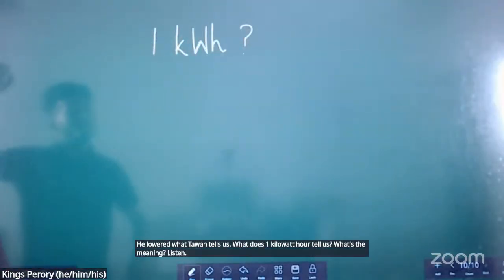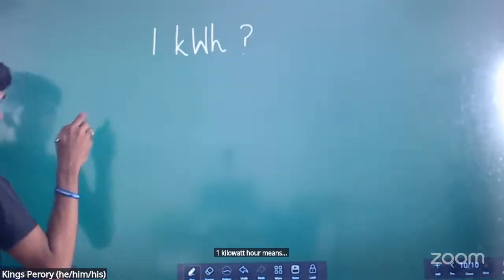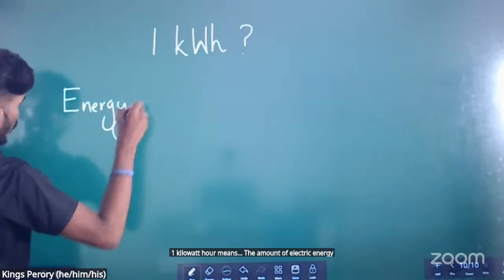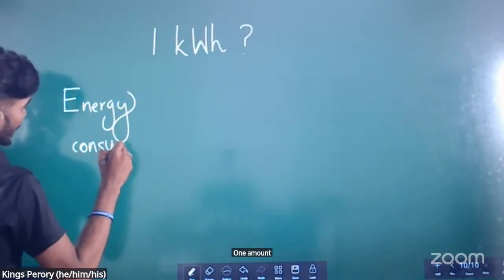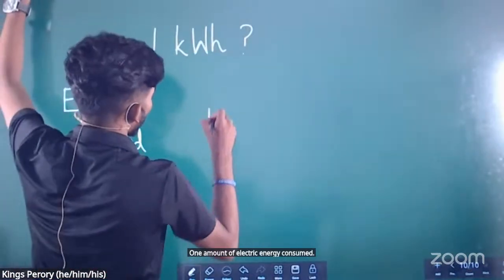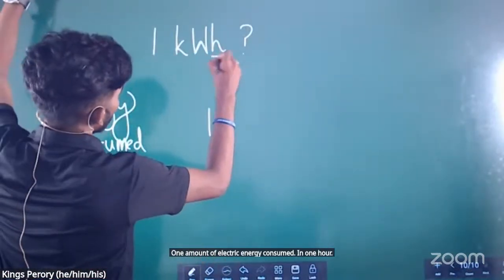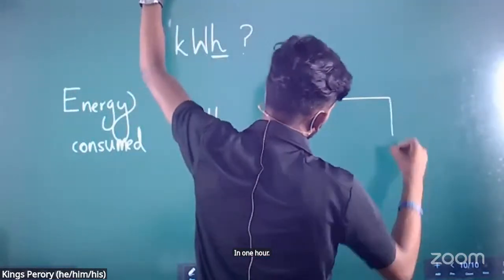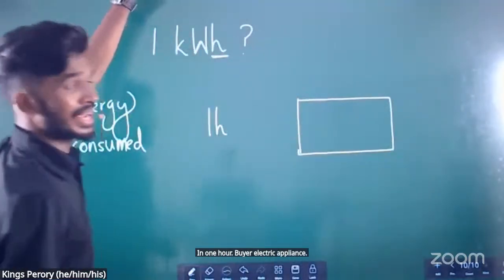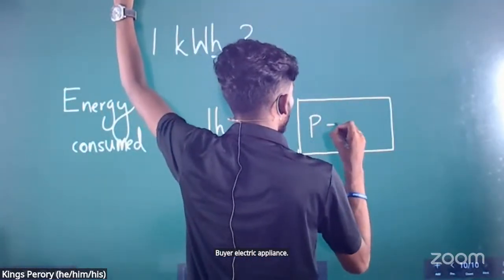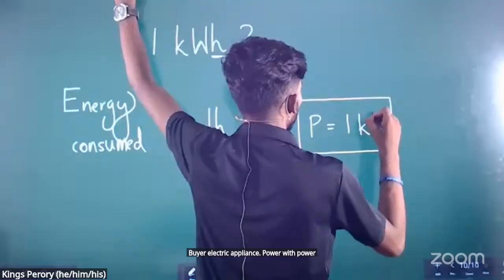Listen. 1 kilowatt hour means the amount of electric energy consumed in 1 hour by an electric appliance with a power of 1 kilowatt.